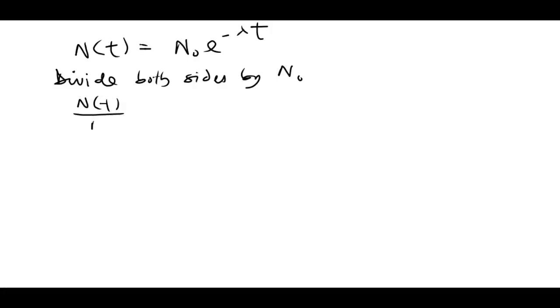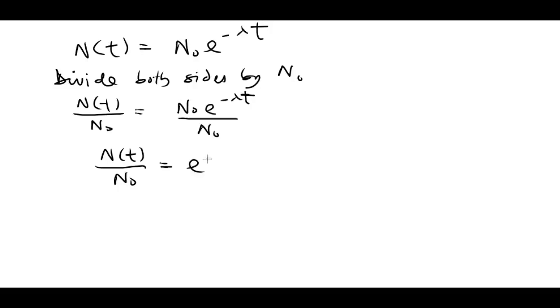If we do that, we are going to have N naught e to the power of negative lambda t over N naught, and N(t) over N naught will be equal to e to the power of negative lambda t. So what do we do from here?